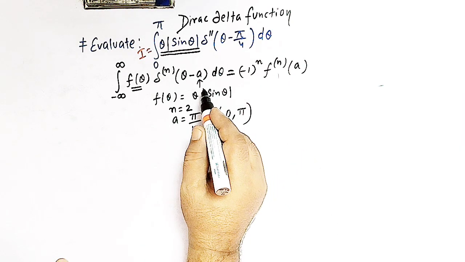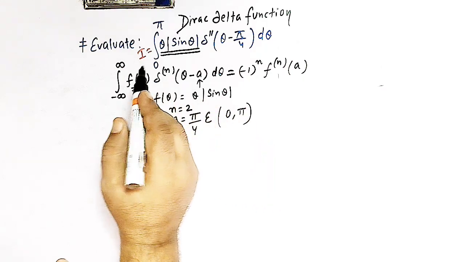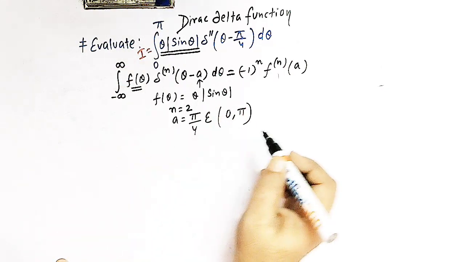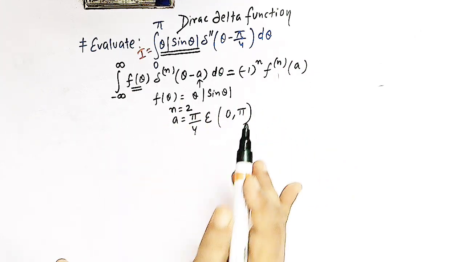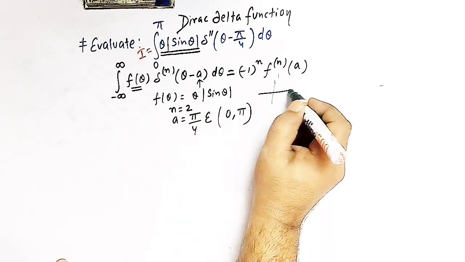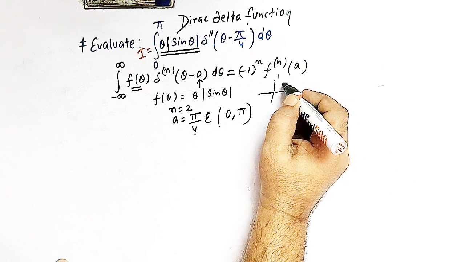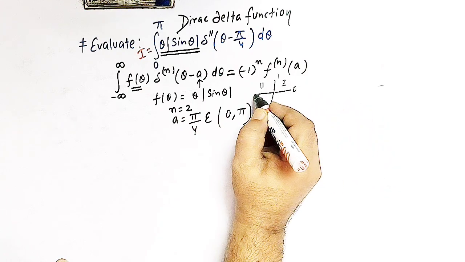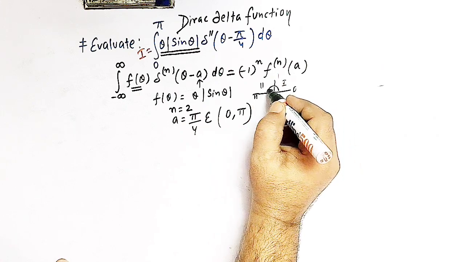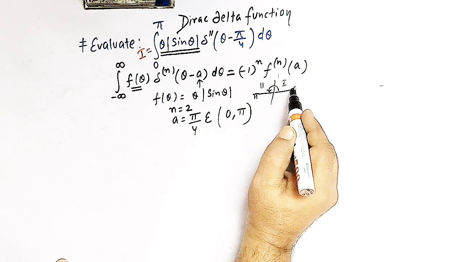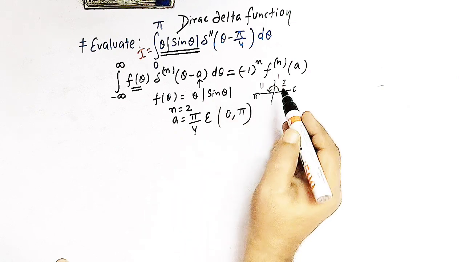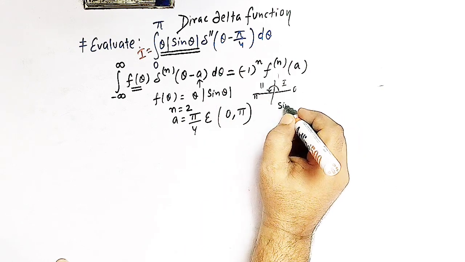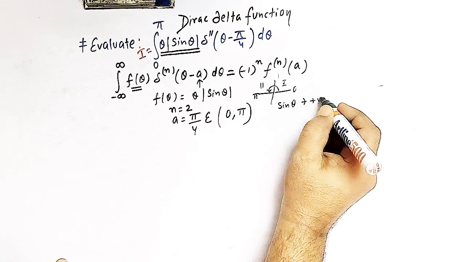So here we have the mod of sine theta, and theta varies from 0 to pi, and it implies that we are in the first and second quadrant, right? So here we have the first quadrant, this is the second quadrant, and we know that when we take any value of theta lying in the first and second quadrant, then sine theta is positive, right?